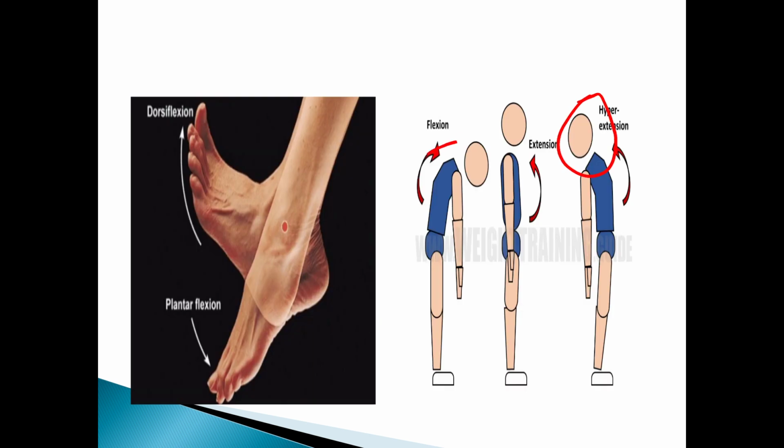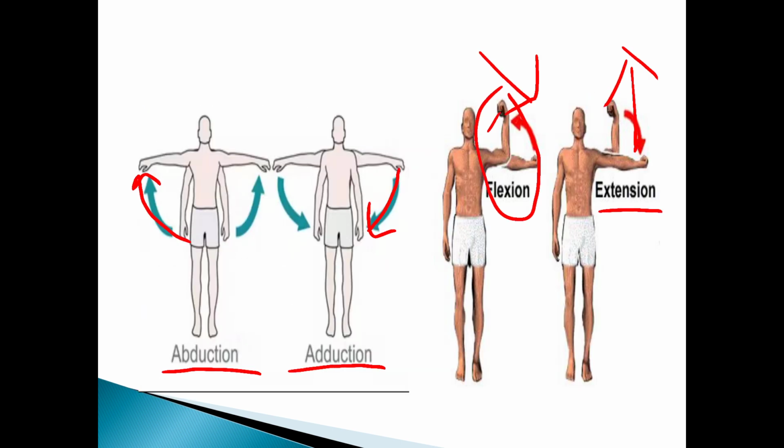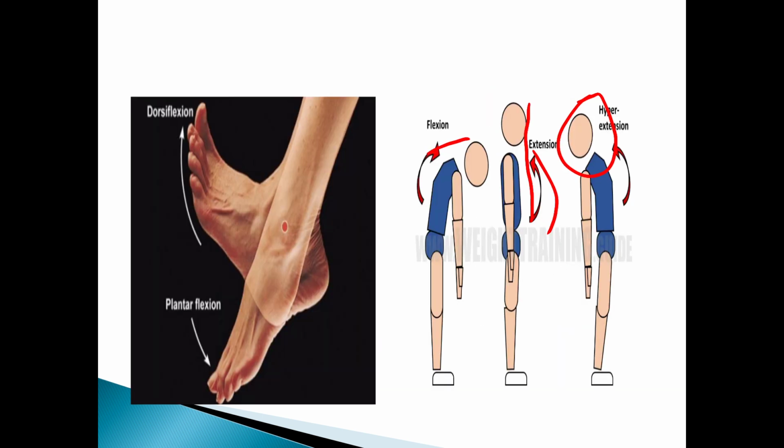So this is flexion, then this is extension, that is bringing your head in the straight position. In flexion it decreases the angle, in extension it increases, and hyperextension is where it increases further.